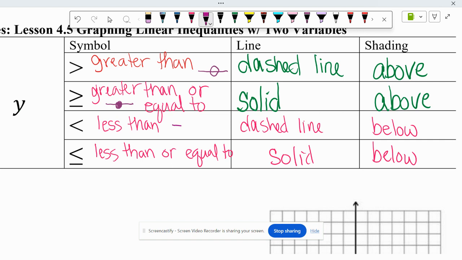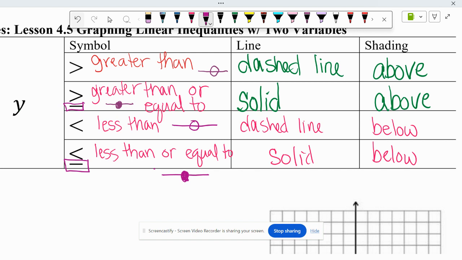Again, if you were to graph this as a one-variable inequality, you would use an open circle on the less than, and for less than or equal to, you would give it a filled-in circle, a closed circle. This line right here means equal.